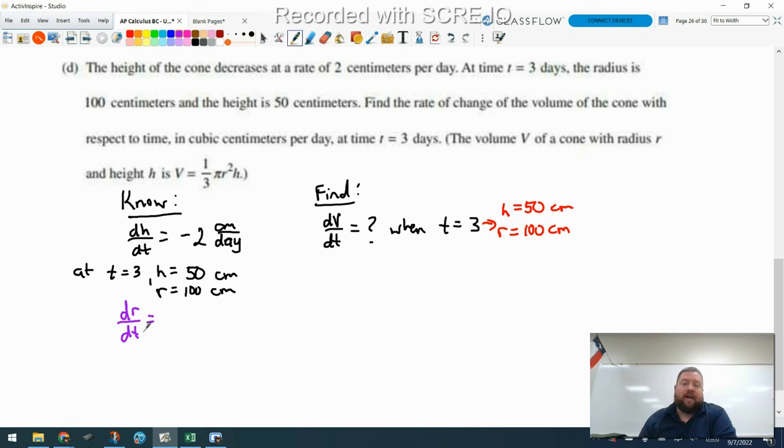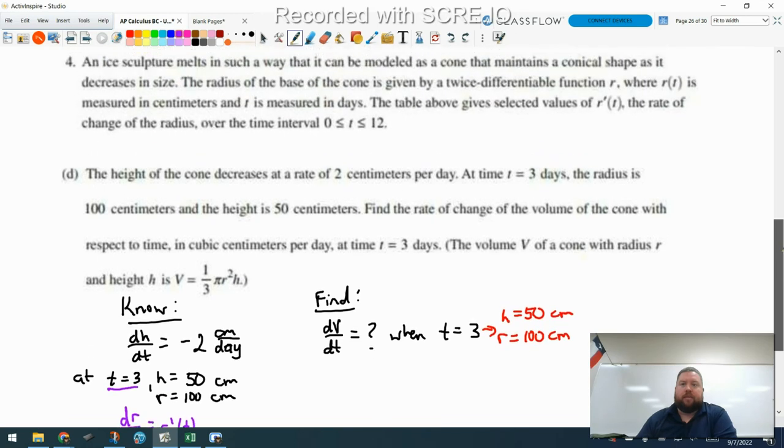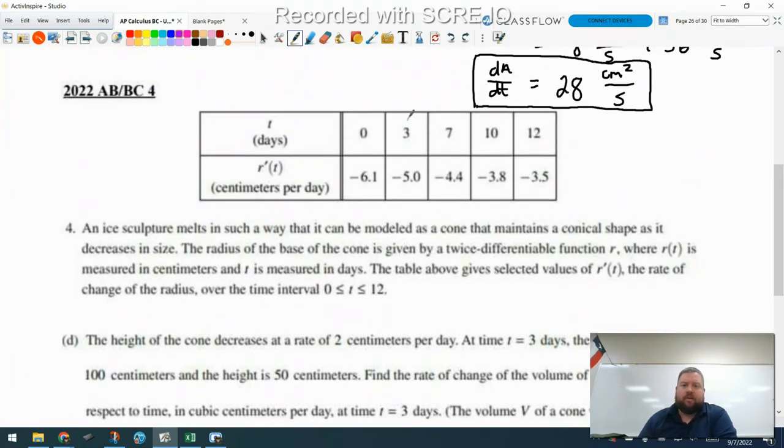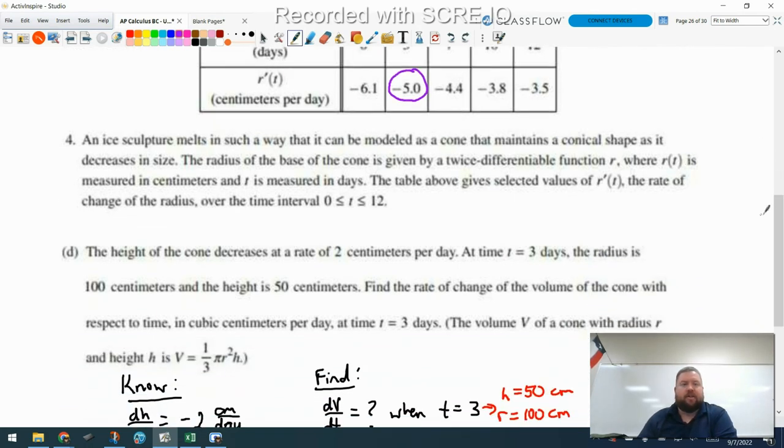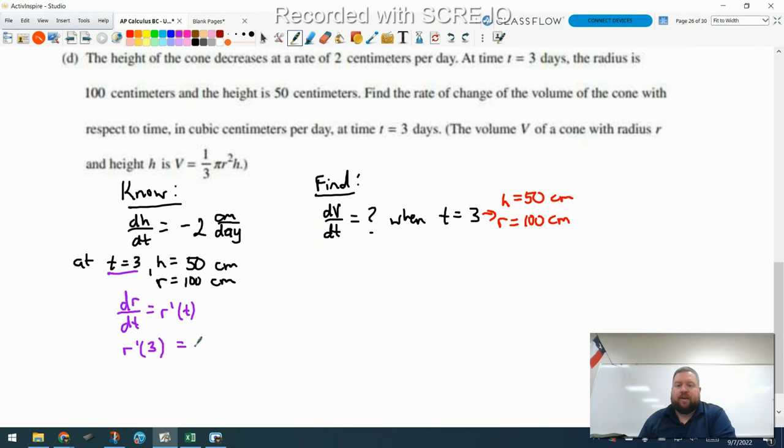Another way to write that, you can also call r prime of t. At t equals 3, this is r prime of 3. We can look at the table: r prime of 3 is negative 5, in centimeters per day. That's our hidden known factor that we use the table to find.